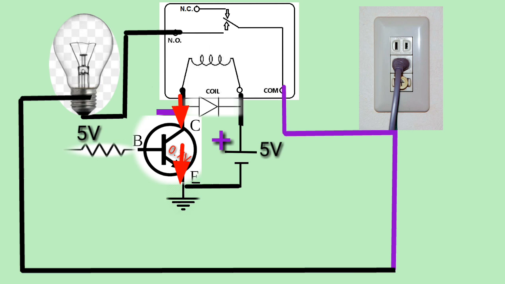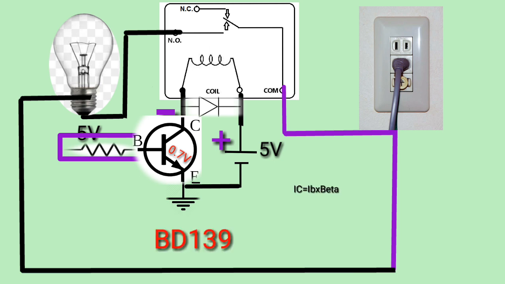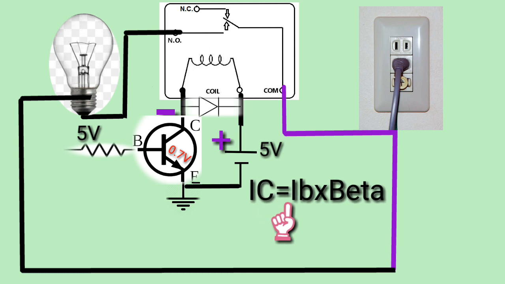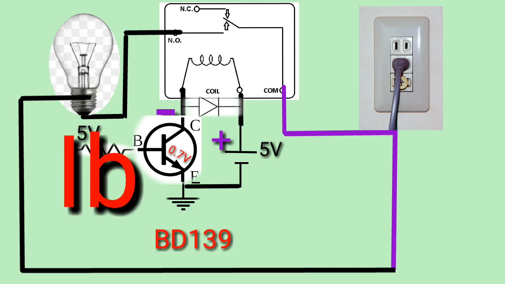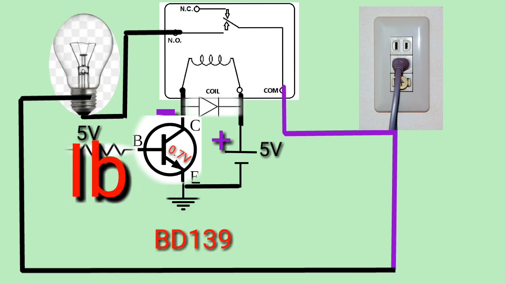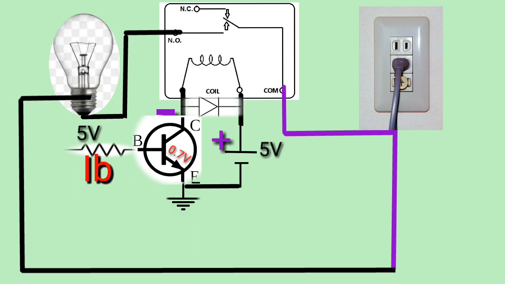To calculate the base bias resistor, let's apply the formula IC equals IB times beta, which is the current gain of the BD139. First step, calculate the current of the relay by using the power formula. Then calculate the base current.